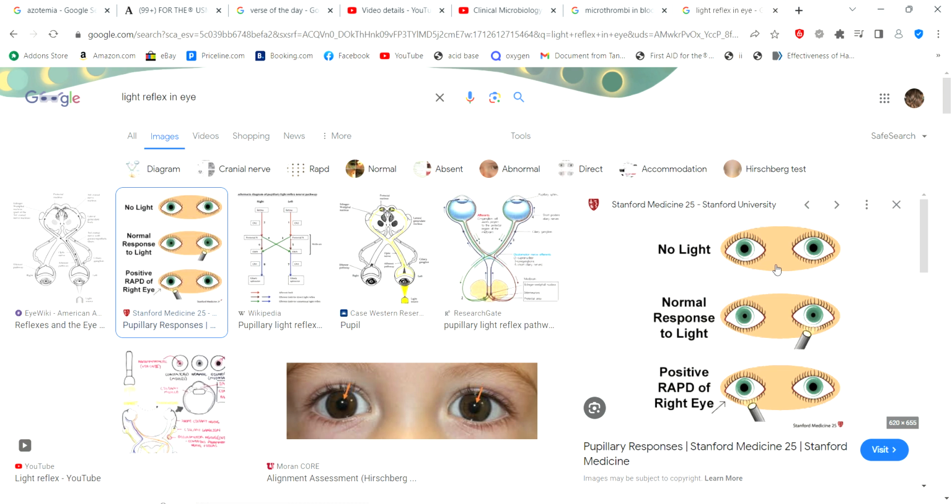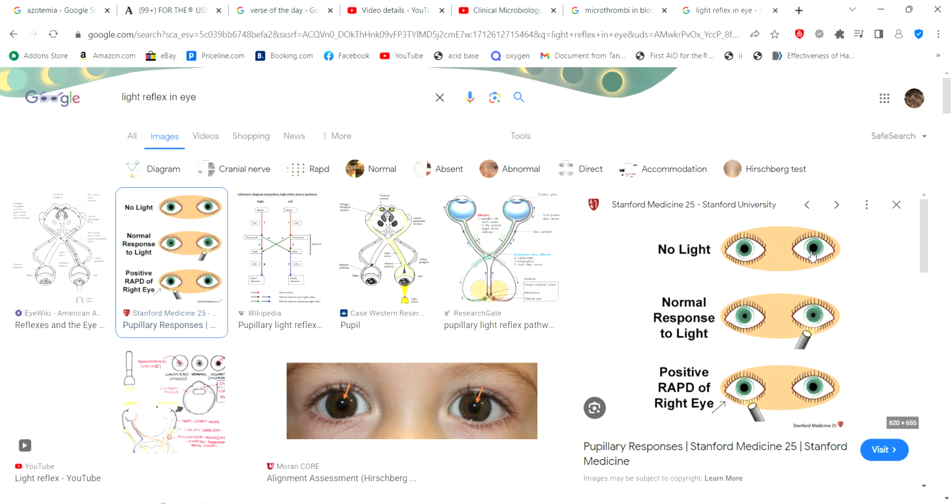This is a sympathetic response. Your eyes will dilate to see better in darkness. Now, normal response to light: if I take the same patient and shine light in their eyes, the pupil is supposed to get smaller, to constrict. You're supposed to have miosis.